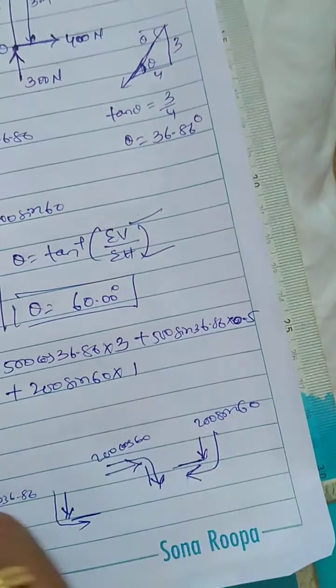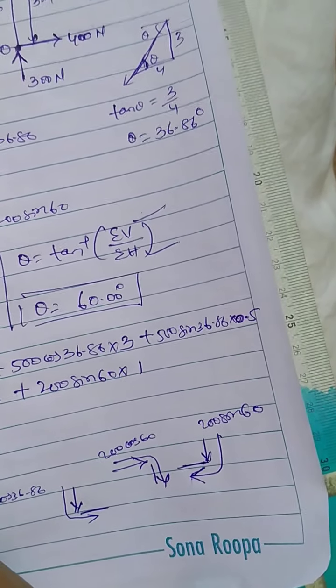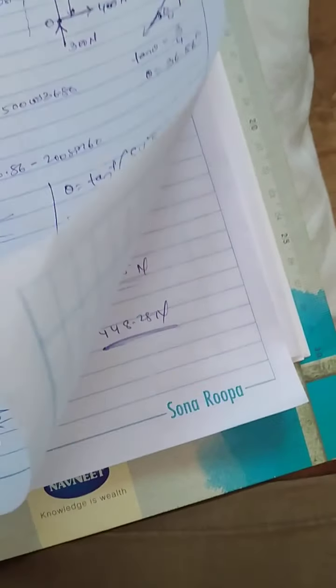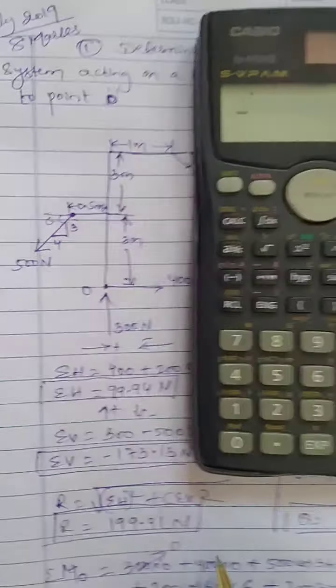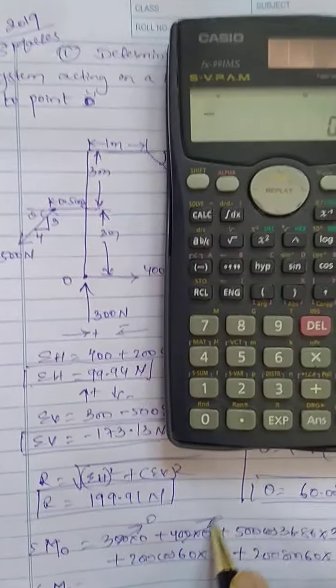So it's 1 meter. Now moment about O is equal to, this is 0, leave it, this is also 0, leave it.